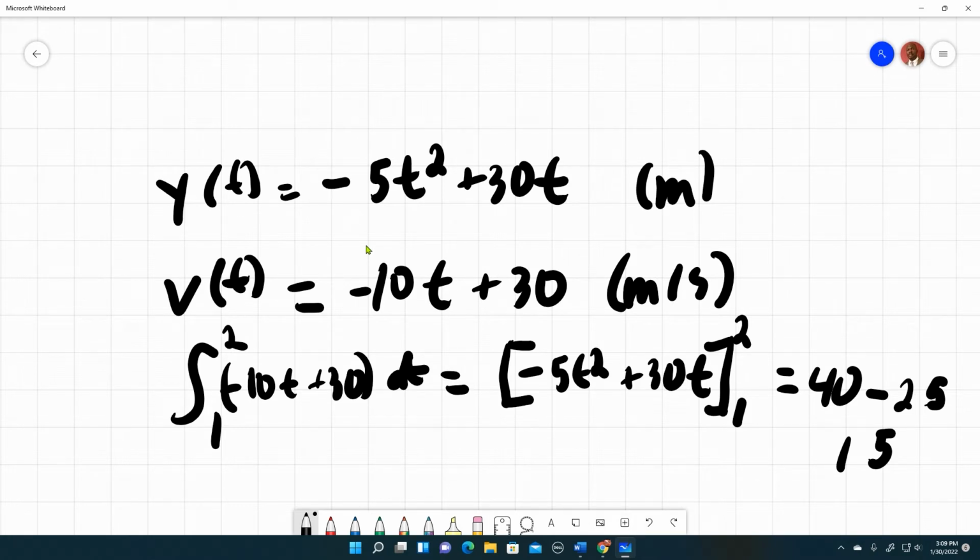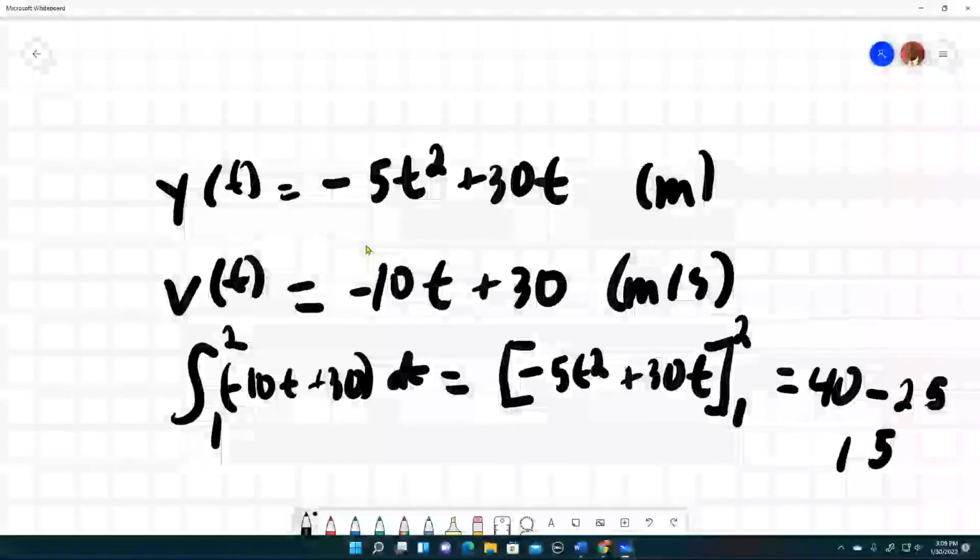So if I'm moving in a positive direction and I'm not changing direction, then distance and displacement will always be the same. So in this case, there wasn't a whole lot to do. Let's look at an interval where the distance and displacement are not the same.